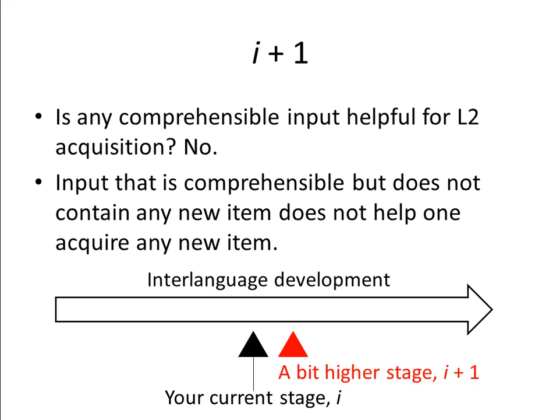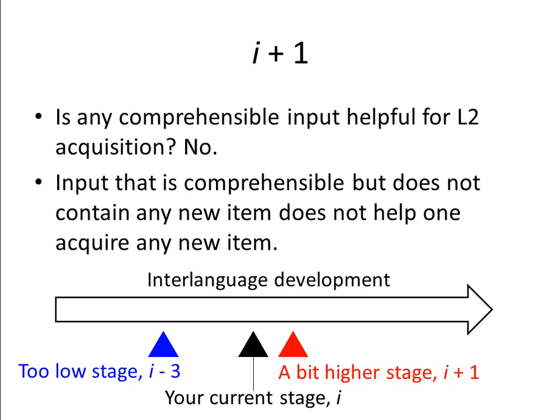So we need input that is at a bit higher stage than our current stage. But if we keep getting comprehensible input at a very low stage and a lot lower than our current stage, so let's say I minus 3 stage, our interlanguage does not develop, does not grow, because input at this stage does not contain any new item to us. So to acquire something new, input must contain that new thing.